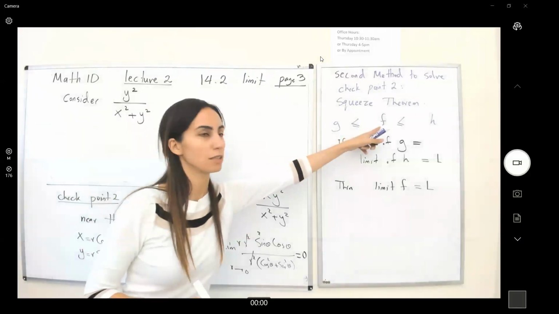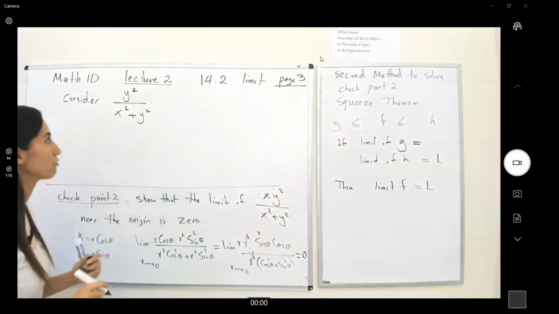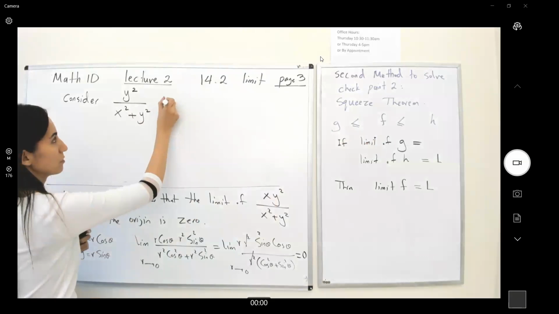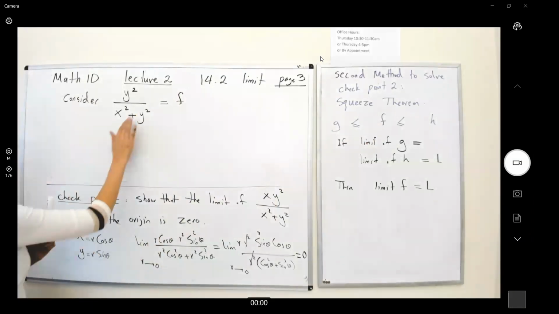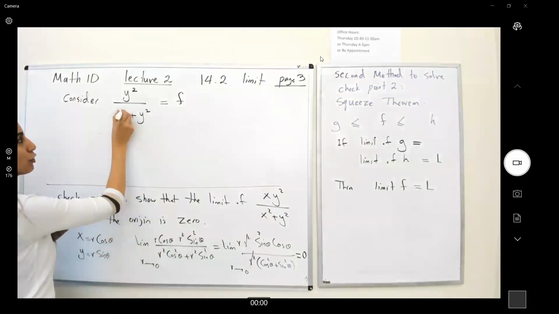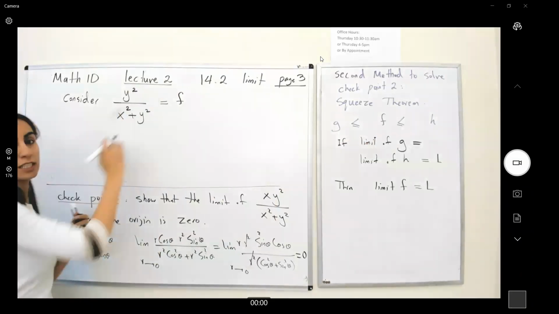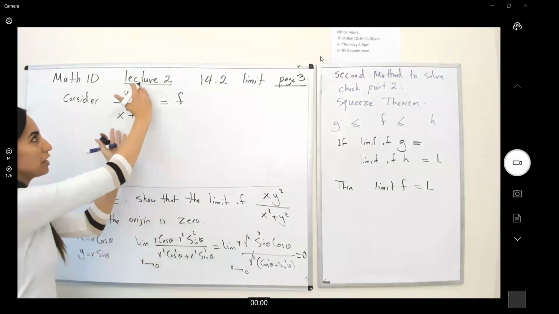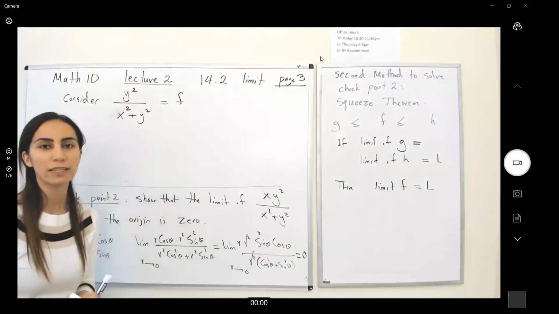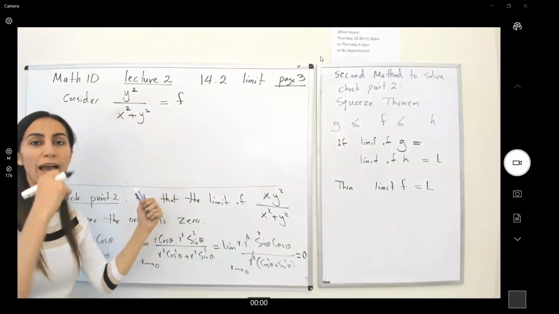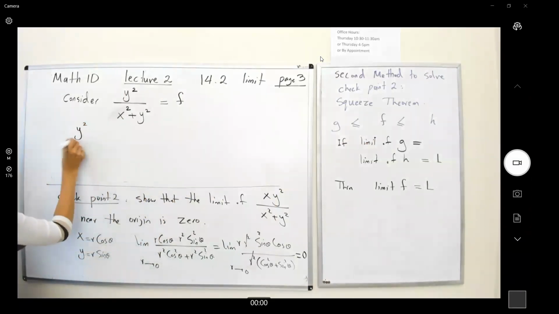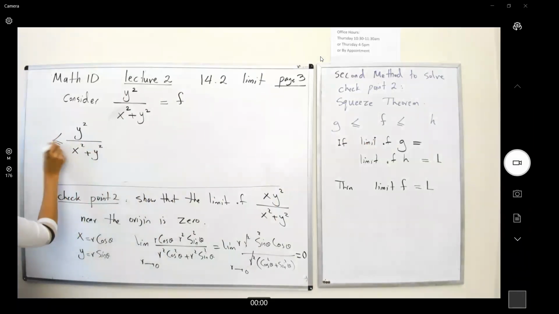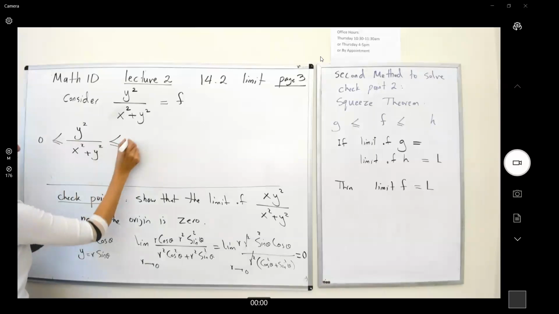I'm creating this function, function f, in the squeeze theorem. Note that this fraction, y squared divided by x squared plus y squared, is always between 0 and 1.